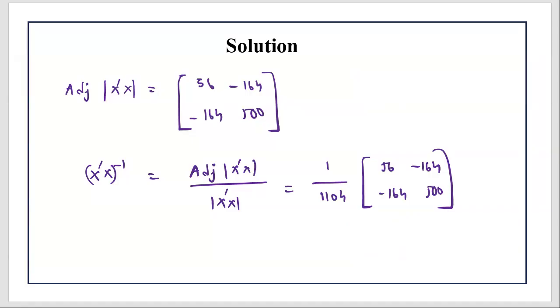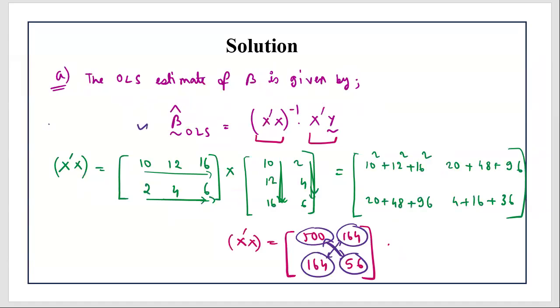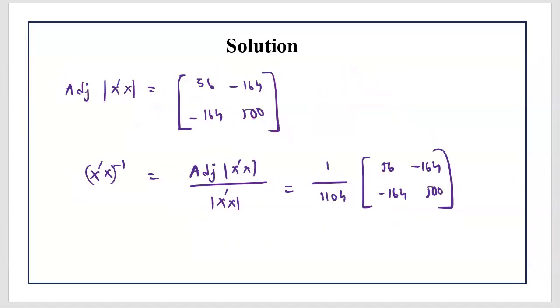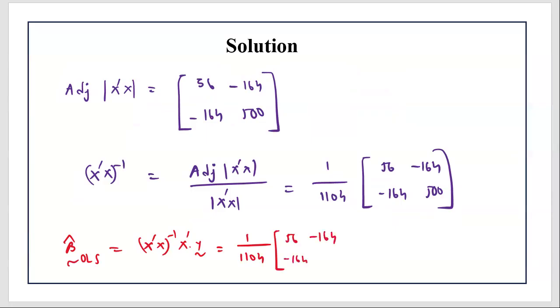Inverse. Now what you have to do is find the beta cap OLS. See the formula, beta cap OLS is simply the inverse times x prime y. So let us do that. So beta cap OLS is simply x prime x inverse into x prime y, where this x prime x inverse we have just found out, 1104, and here you have 56, minus 164, minus 164, 500, which is this, into x prime y.